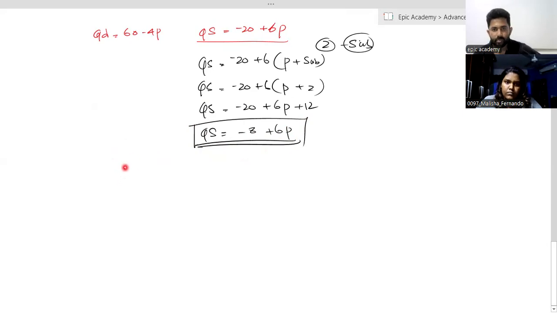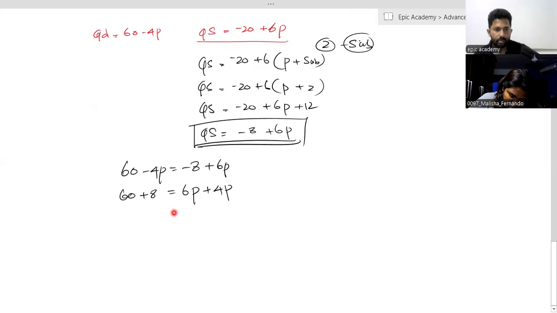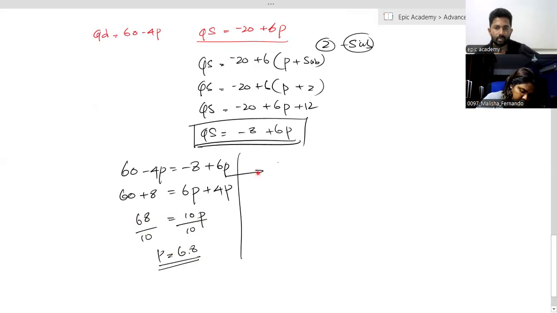Now I am going to calculate the equilibrium. 60 minus 4P equals minus 8 plus 6P. 60 plus 8 equals 6P plus 4P. 10P equals 68. Dividing both sides by 10, the price becomes 6.8. So P equals 6.8.